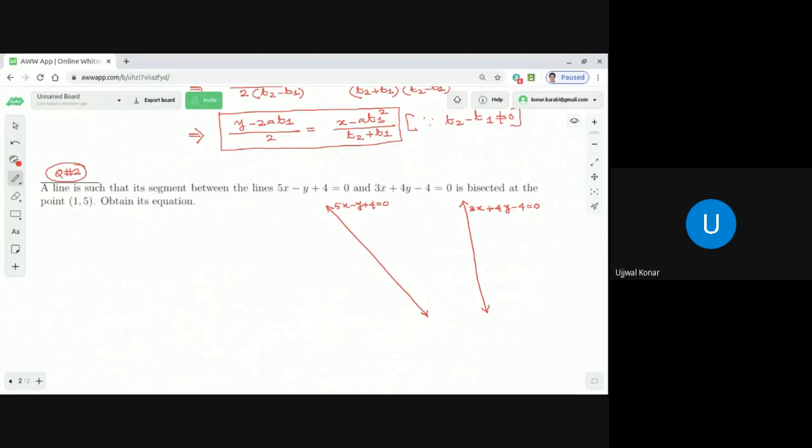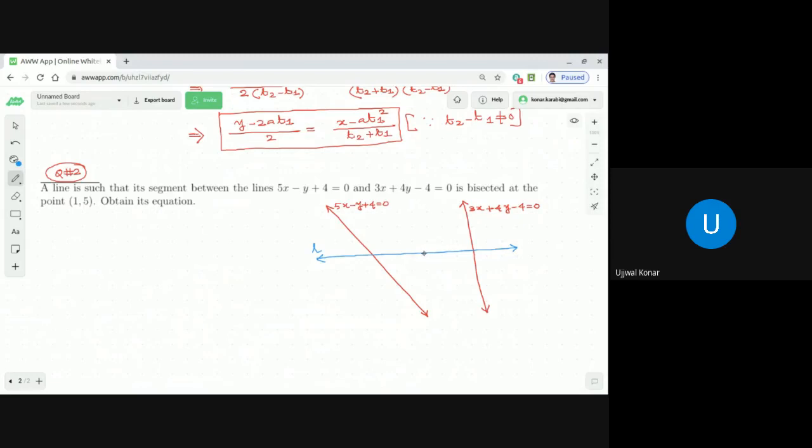Now what is our equation? A line is such that its segment between the lines means what? That means if I draw the straight line something like this, this is the equation of our required line L, which is bisected at the point (1, 5).